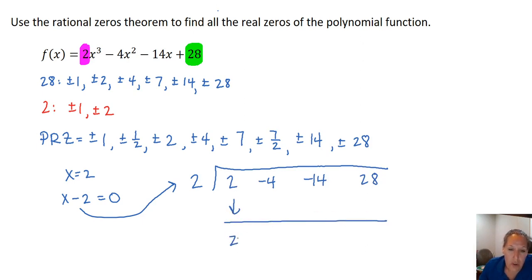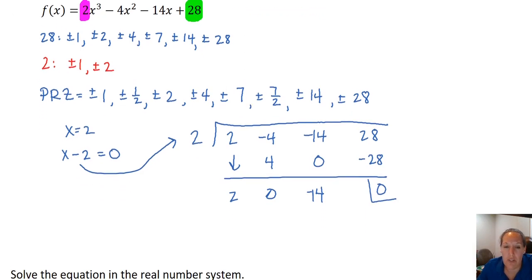The 2 comes straight down. 2 times 2 is 4. Negative 4 plus 4 is 0. 2 times 0 is 0. Negative 14 plus 0 is negative 14. And 2 times negative 14 is negative 28, which does in fact give us 0 for our remainder, so it goes in evenly.